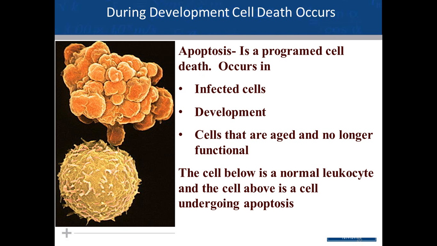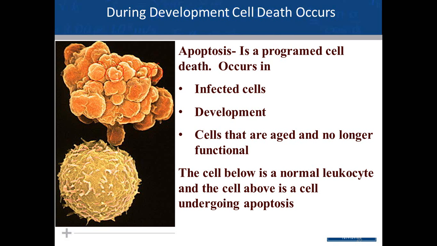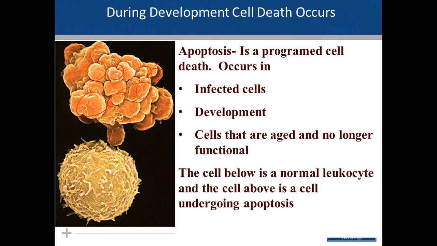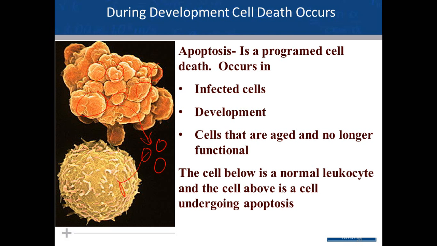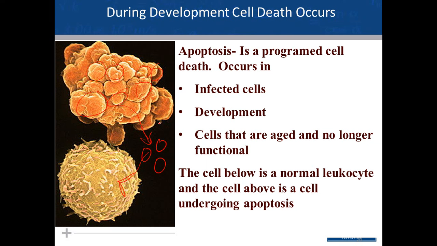And then there are other enzymes responsible for breaking down the organelles. The cell then starts packaging up bits and pieces of the cell. And these little membrane-bound vesicles are going to be sloughed off, so that now the leukocyte, if it's around, can undergo phagocytosis and take that in there and digest it and get rid of it. But what that also means is that this cell is going to die.